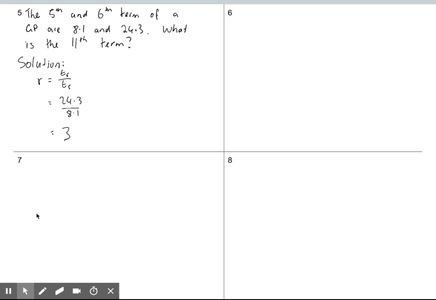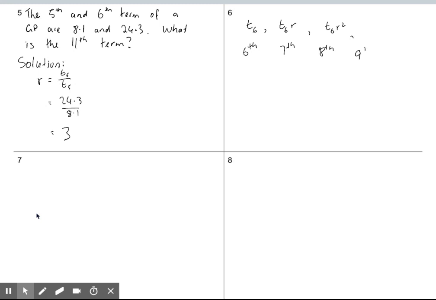Now, using a similar logic as we did before, we can move from one of those terms we do know, in this case I'll use the 6th term, to get to the 11th term. So have a look at slide 6 there. If we start with the 6th term, then the 7th term is going to be the 6th term times R. And the 8th term is going to be the 6th term times R times R, otherwise known as R squared.